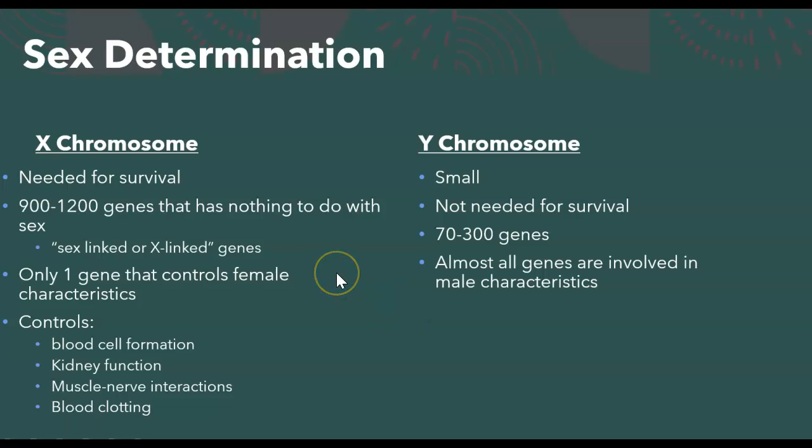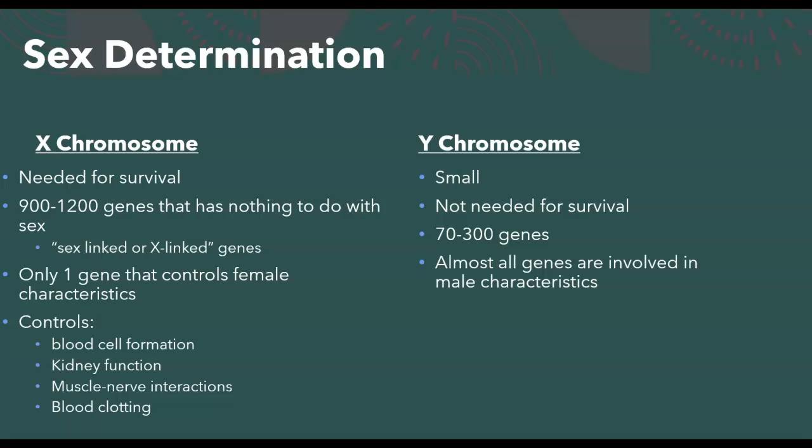So if we look at the difference between an X and a Y chromosome, just as some FYI, X chromosomes are much larger. You could have seen that in the picture. They're needed for survival. There are roughly 900 to 1200 genes that have nothing to do with actually female sex characteristics on it, but that are needed to survive.